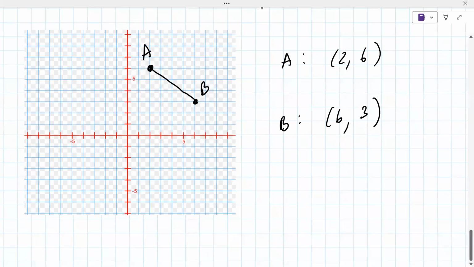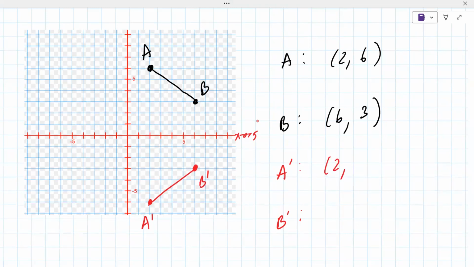Now I'm going to flip this over the x-axis this time. I want you to give me the new ordered pairs for A prime and B prime. A would still be +2, comma -6.